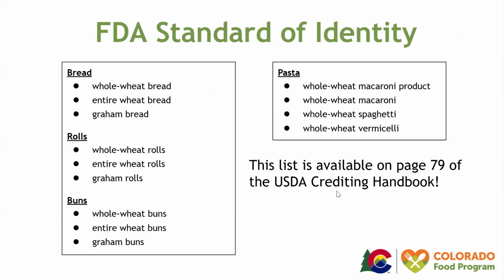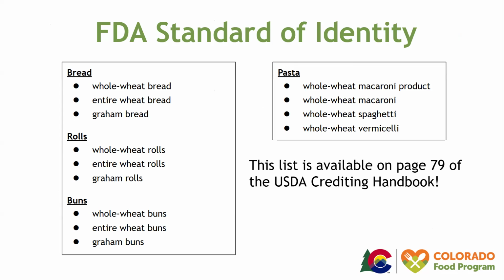So all of these foods meet the FDA standard of identity. If a bread says whole wheat bread, entire wheat bread, or graham bread, it meets whole grain rich criteria. If a product says whole wheat rolls, entire wheat rolls, or graham rolls, it meets whole grain rich criteria.